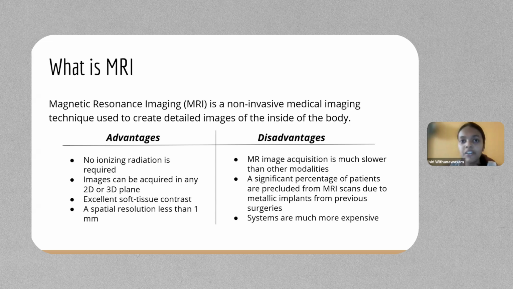MRI is preferred over CT imaging because it's non-ionizing and it gives excellent soft tissue resolution and excellent spatial resolution. But there are many disadvantages as well. The machines are very huge and very costly. And if someone has metal implants in their body, they can't undergo MRI imaging.